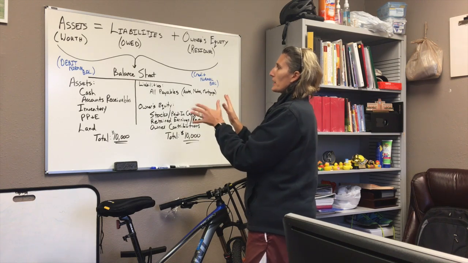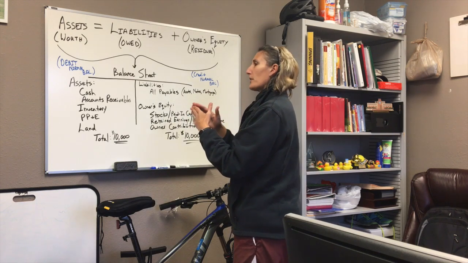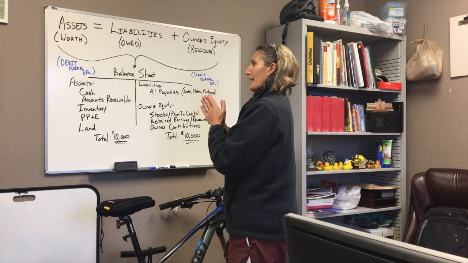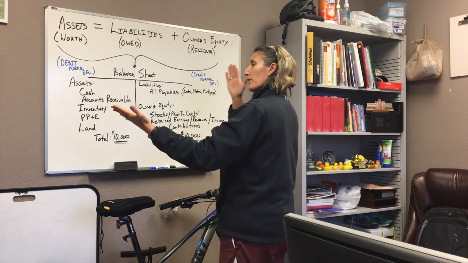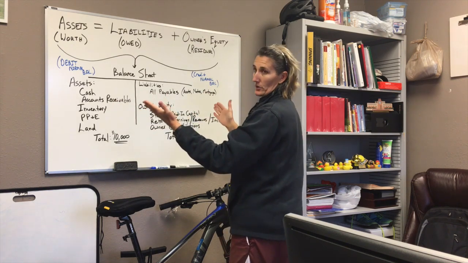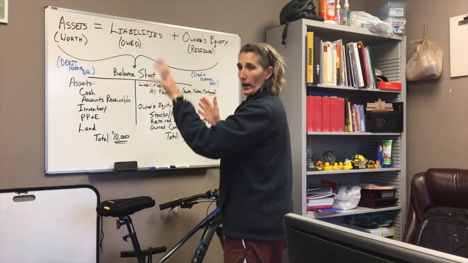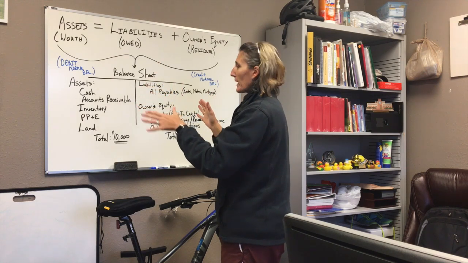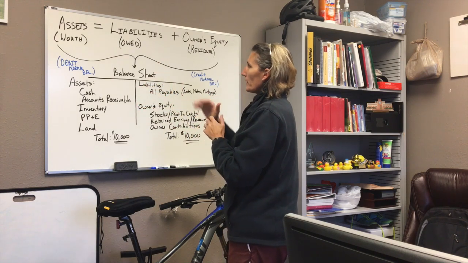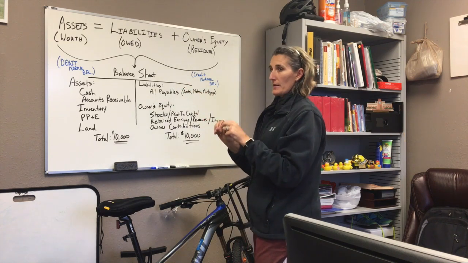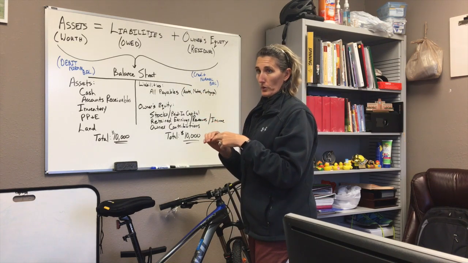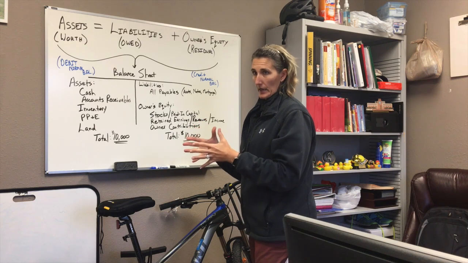So anytime they generate a balance sheet, it shows whether or not they have enough assets to cover their liabilities or whether they don't. So you can kind of see where they stand. Okay, the balance sheet and the income statement are probably the two most important financial statements of any company.